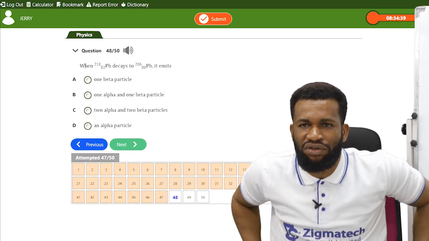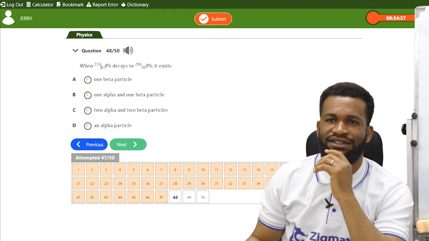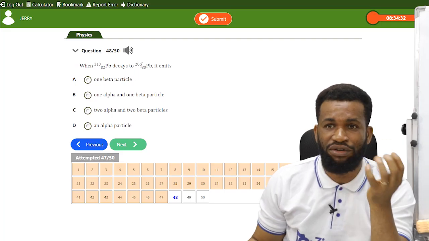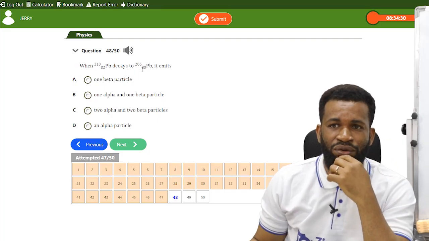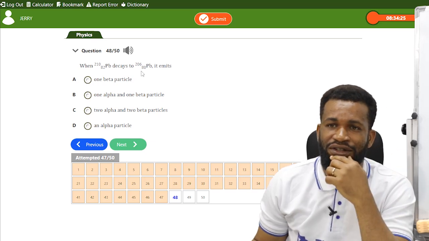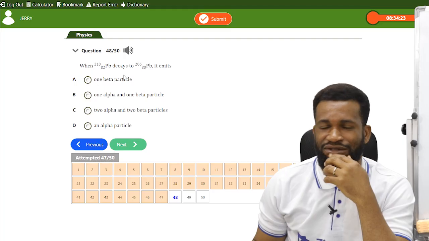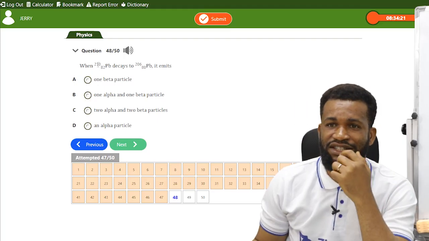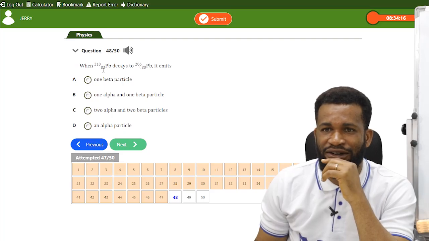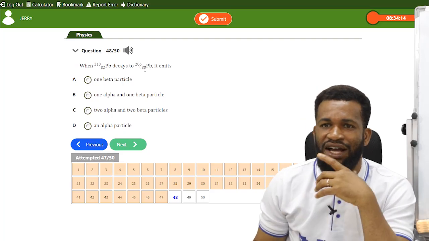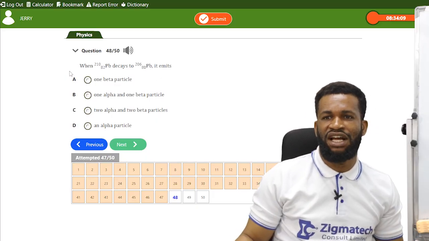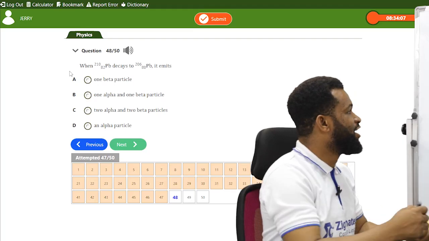Now, when lead with atomic mass 210 and atomic number 82 decays to another isotope of atomic mass 206 and atomic number 80, it emits. Now look at this. It is reducing. 210 minus 4 will give you 206, and 82 minus 2 will give you this. And the only element that can cause that is helium.